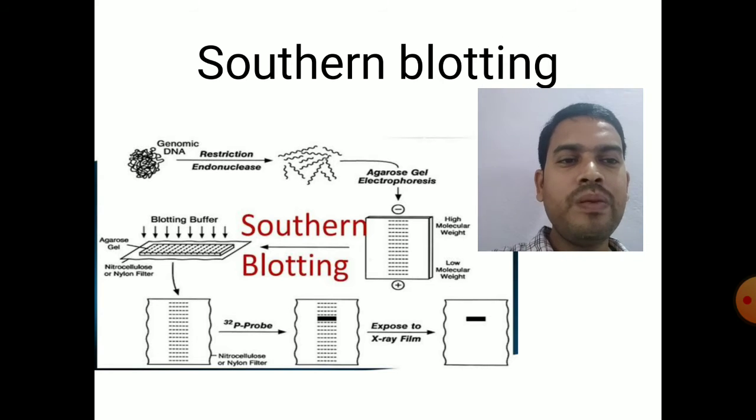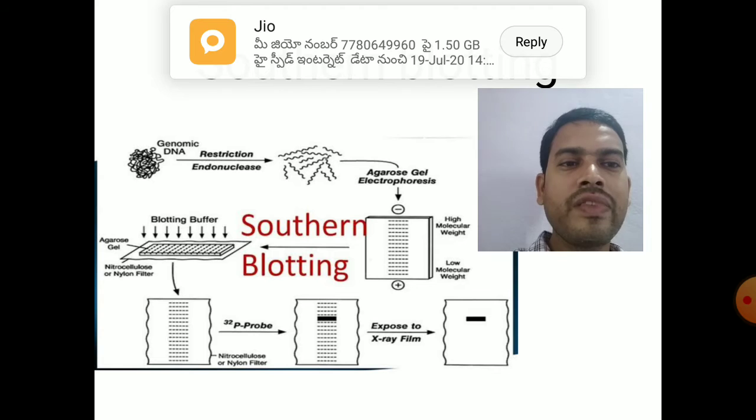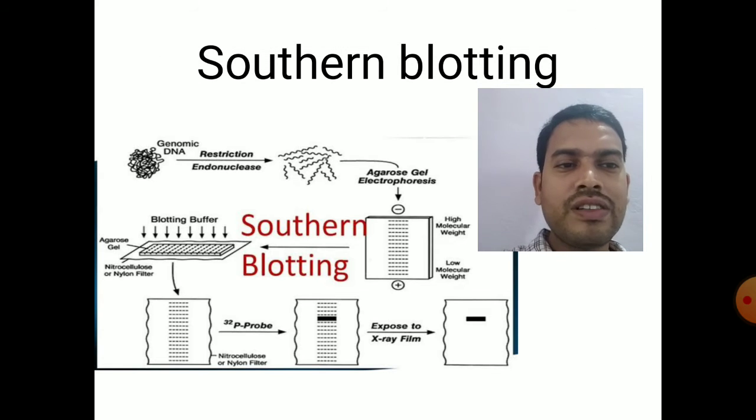If you are using a probe which is enzyme labeled, then you will use a substrate which is changed into a colored product that can be viewed directly on the nitrocellulose membrane. If you are using a probe which is radiolabeled, as shown here, P32, then the nitrocellulose paper has to be exposed to X-ray film, and the process is called autoradiography.